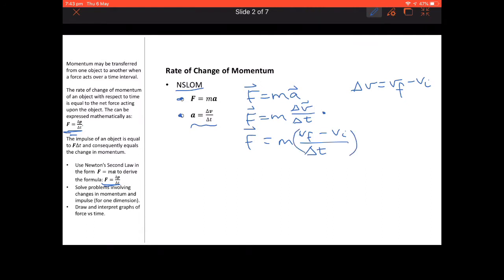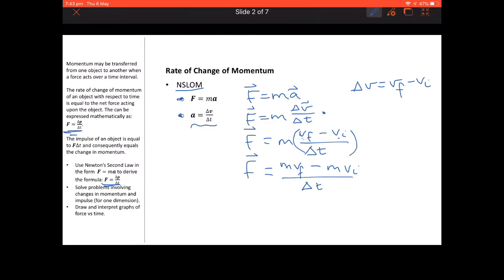Because our mass is multiplying both the final velocity and the initial velocity, if we were to expand this, we'd get mass times velocity final, minus mass times velocity initial, and that would all be over change in time.